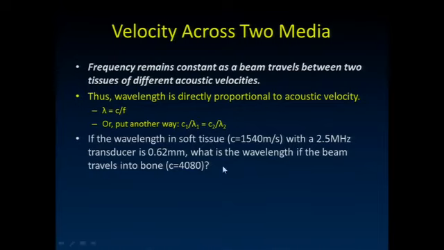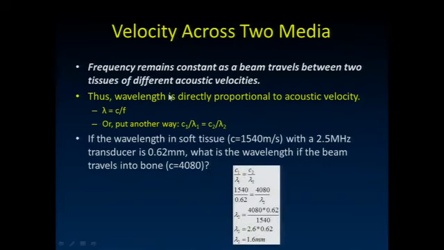The speed is 4080 meters per second. Well, just using the formula that we have right here, putting in our 1540 and our wavelength for that sound wave in soft tissue, our 4080 for bone, and calculating what that wavelength is in bone, we'll notice here that that wavelength is quite a bit longer there.